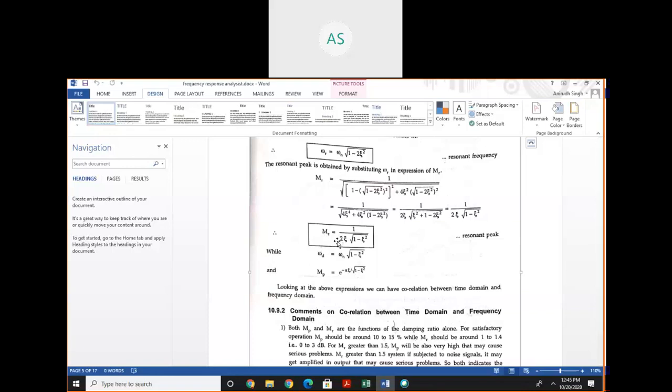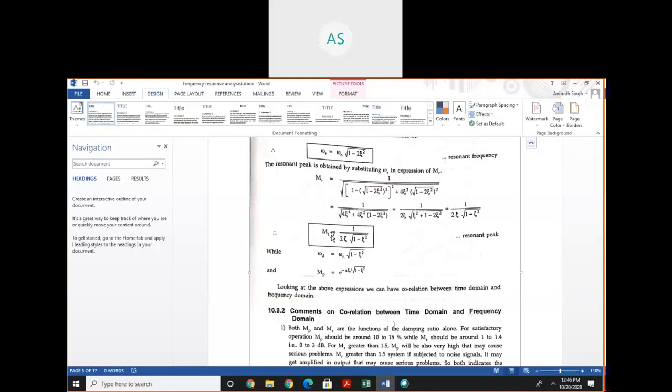Both Mp and Mr are functions of damping ratio zeta, and for satisfactory operation, the value of Mp should be around 10 to 15%, and the value of Mr should be around 1 to 1.4. Suppose the value of Mr is greater than 1.5 or 1.4, then it will cause serious problems.